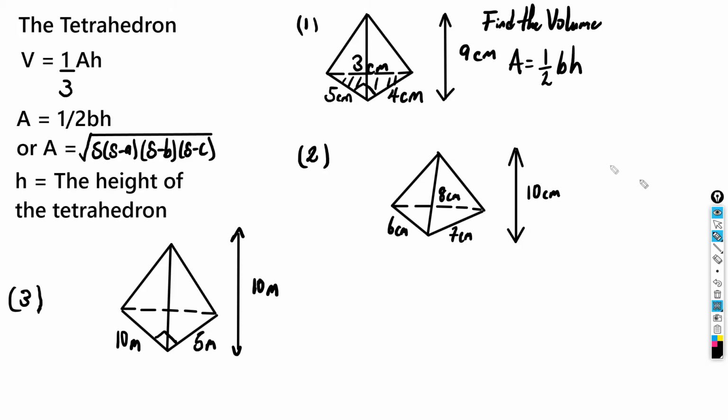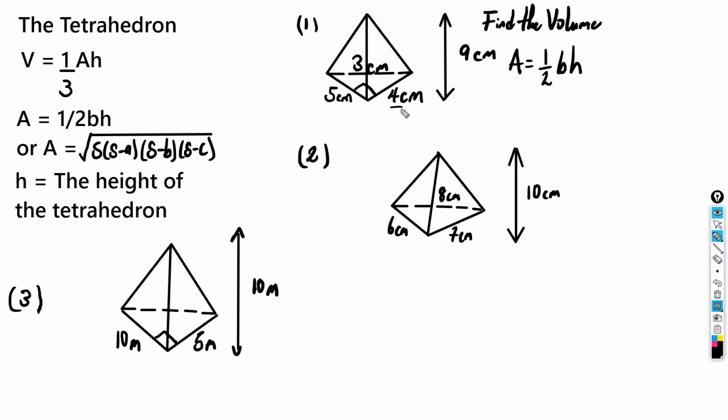And the reason why we can put half base times height, guys, is because if you look carefully, you can see that it's actually a 90-degree angle, right? They have it here. So this is a right angle triangle.